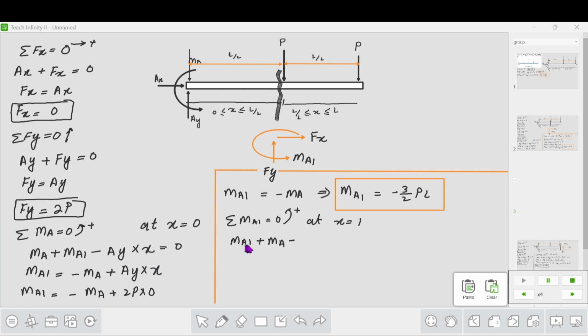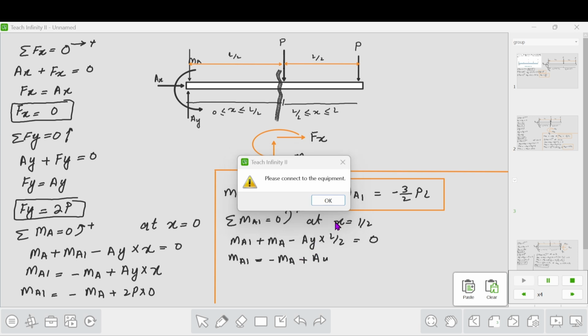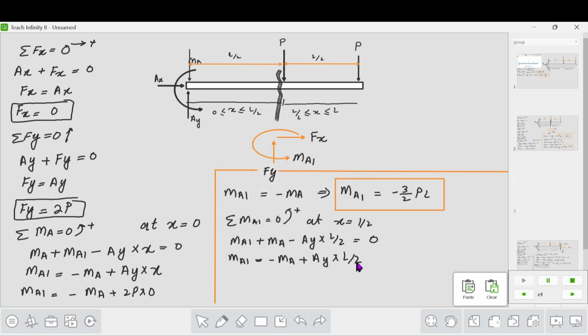Okay. So MA1 plus MA minus AY multiplied by L divided by 2 equal to 0. So MA1 is equal to negative MA and positive AY multiplied by L divided by 2. At the place of X, I put L divided by 2. So MA value is 3PL divided by 2, negative as it is, negative 3PL divided by 2 plus AY. AY value, we found that AY value is 2P.